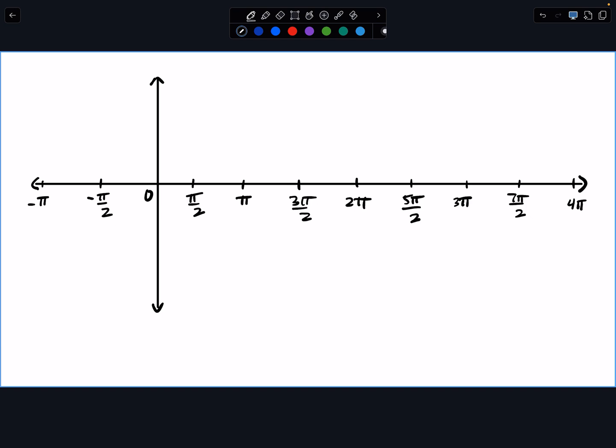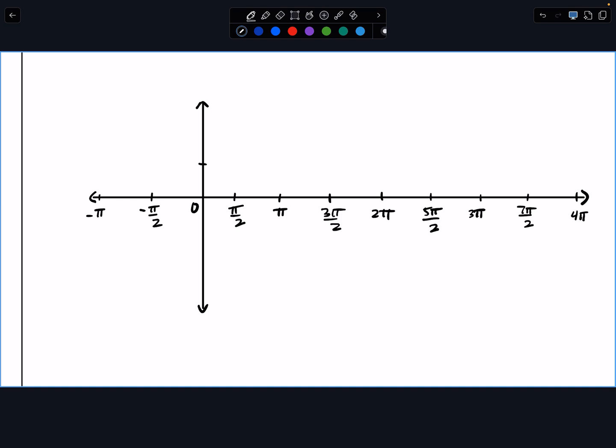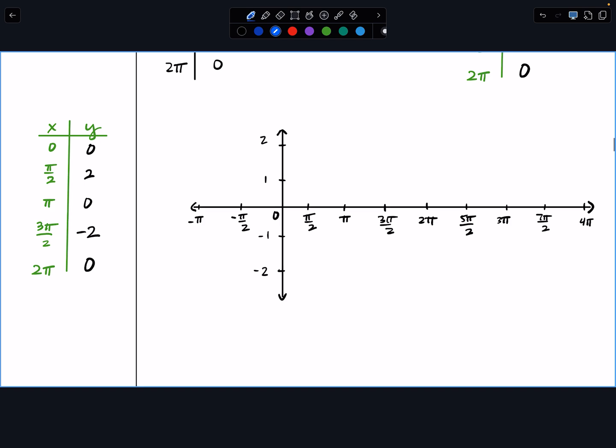All right, so let's go ahead and sketch this. This is 1, so I'm gonna call this right here 2. So if I use my table, at 0, 0, pi over 2 comma 2, pi gives me 0.